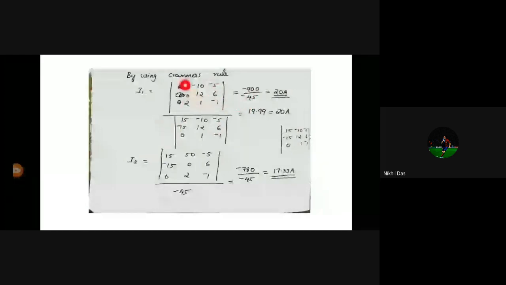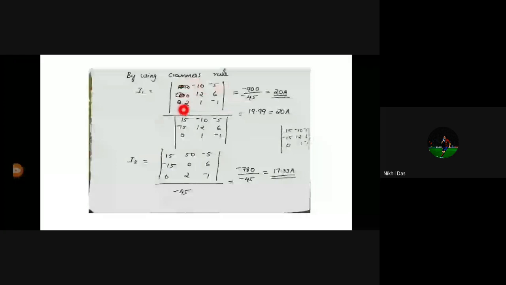How can you find out the determinant? Ashwand, how can you find out the determinant? Suppose if there is a 3 by 3 matrix, how can you find out the determinant? How can you find out the determinant of this numerator matrix? Ashwand, you can unmute your mic and say the way.